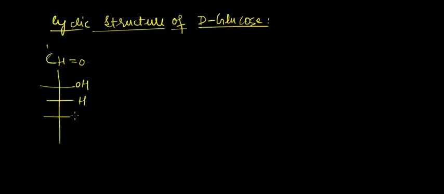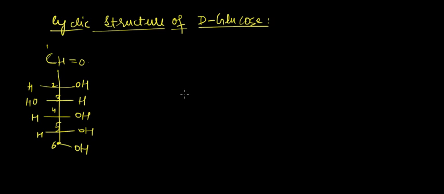We have drawn this chain so many times that by now the structure of glucose should be clear to you guys. This is the sixth carbon atom.